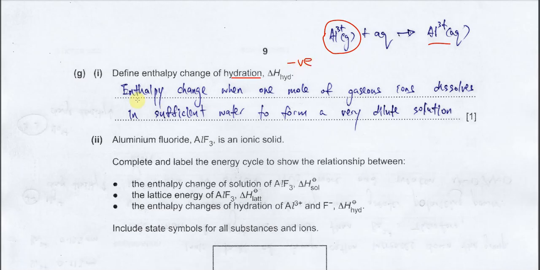So the definition is very straightforward: the enthalpy change when 1 mole of gaseous ion dissolves in sufficient water to form a very dilute solution. Make sure it's 1 mole, and it must be a gaseous ion.